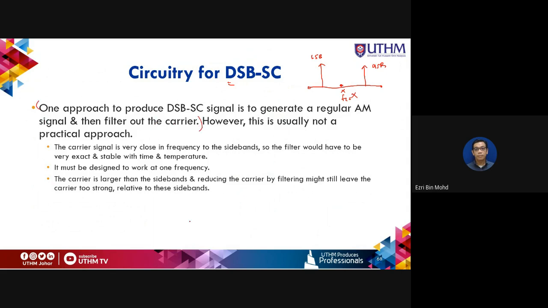So for example, we have a conventional double sideband full carrier: FC plus FM, FC minus FM. So the carrier element, upper sideband element and lower sideband element. The easiest way is to use a filter.